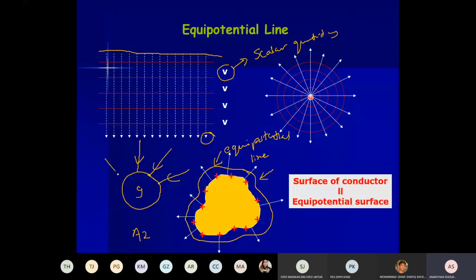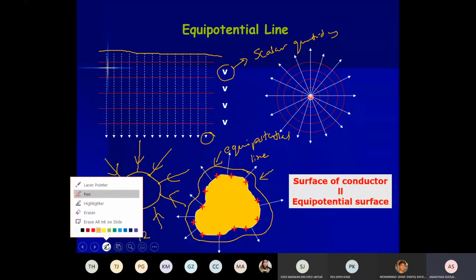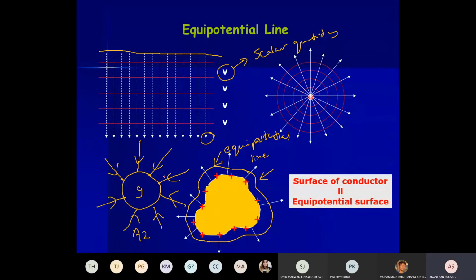This is the gravitational field line for the Earth. The Earth also has its equipotential line, which takes the shape of the Earth like this.